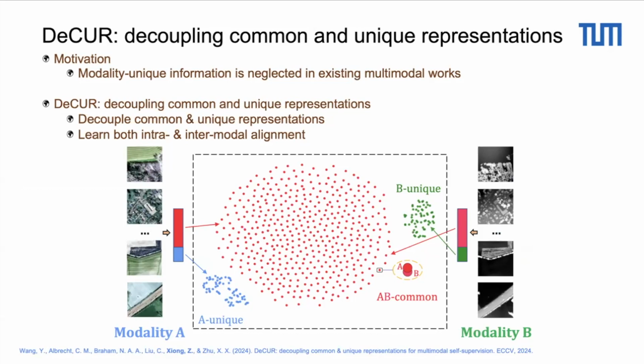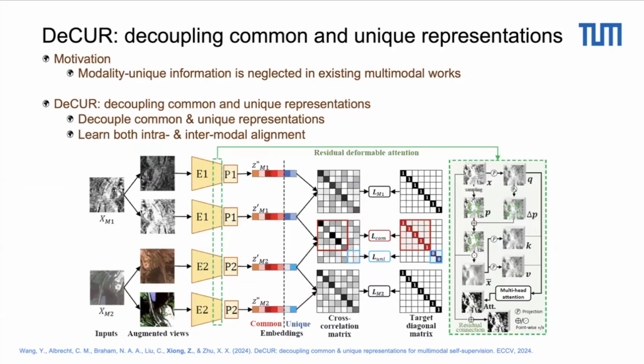If we have a modality A and a modality B, we would like to learn not only the common A-B representations, but also keep the unique A representations and the unique B representations, using all these different representations to learn better on downstream tasks. Here is the detailed architecture of our DeCUR.